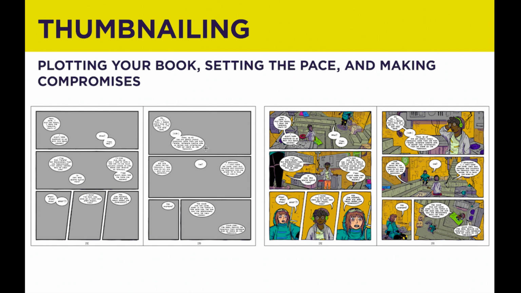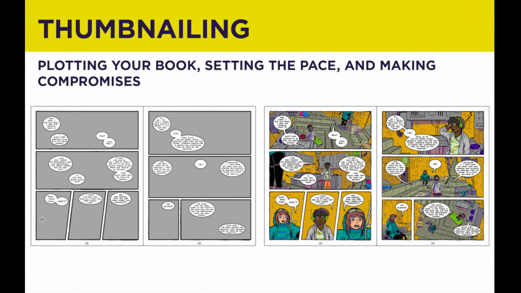But once I've broken up that script into word balloons, then I will start laying it out into pages like this. I'm starting to get a vague idea at this point. I'm imagining what kind of artwork I imagine per panel, whether it's both characters framed in the scene or moments like this where I know this dialogue is maybe going to really zoom in on a character's facial expression, like what's happening over here.